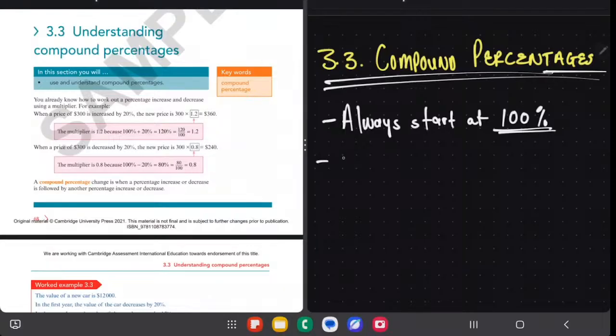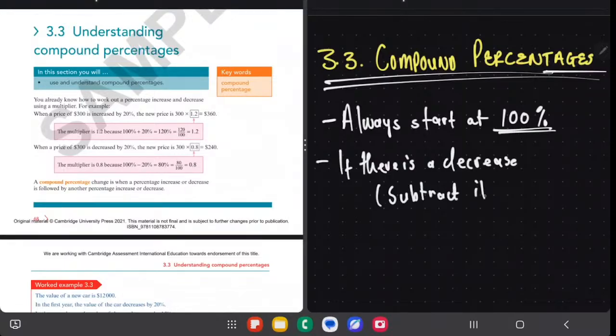If there is a decrease, they will give you the decrease, but that's not what you use. If you decrease by a percentage, subtract it from 100%. Are we together?